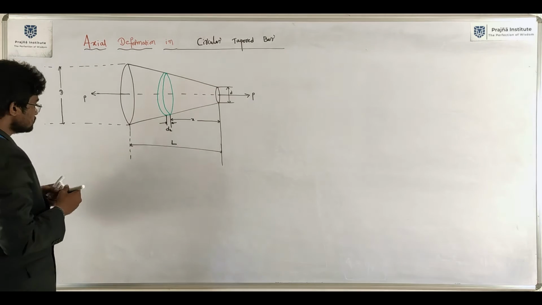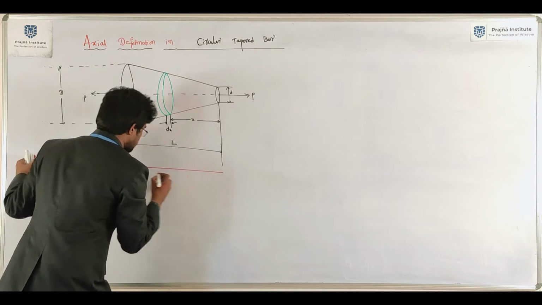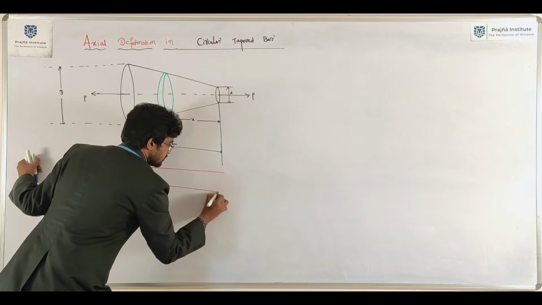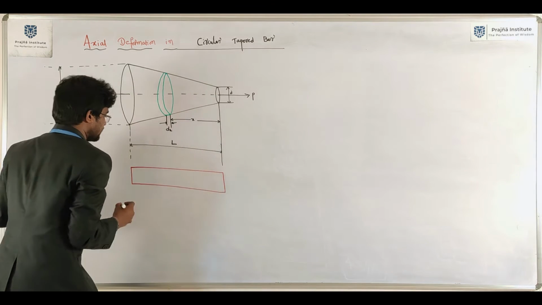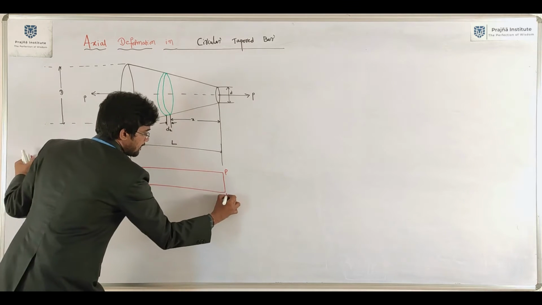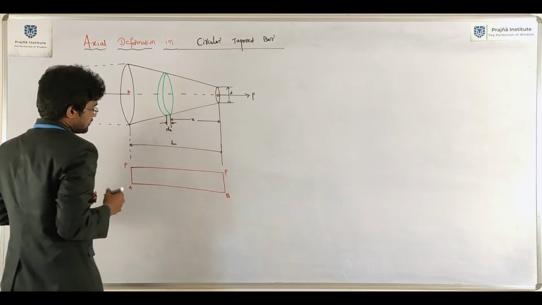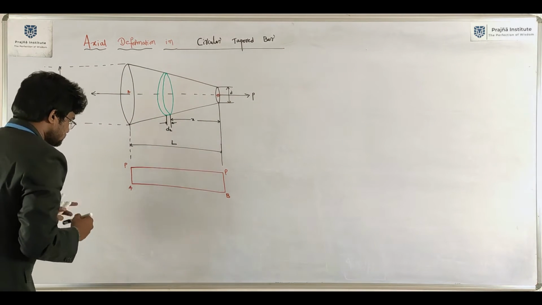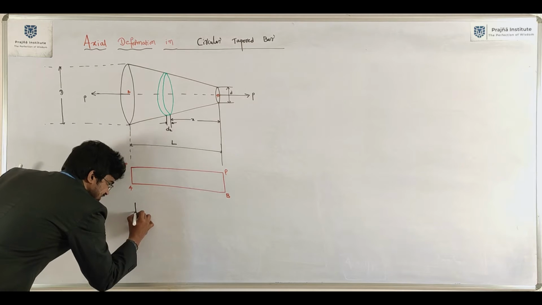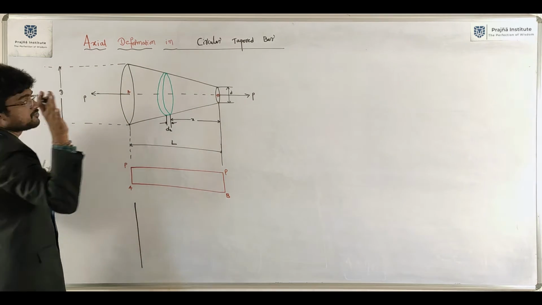Now it is a uniform axial loading, of course. Here it is P, here it is P, A, B. Now here it is very simple, man. Okay, here just take the front view.